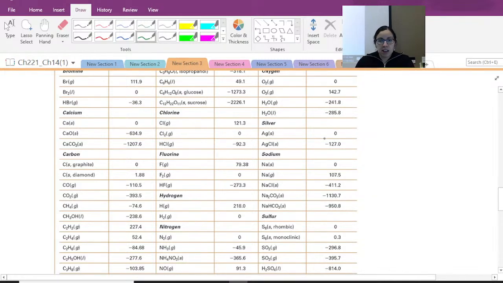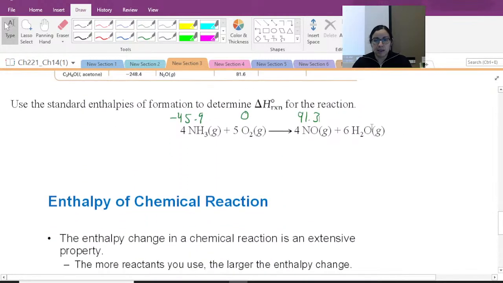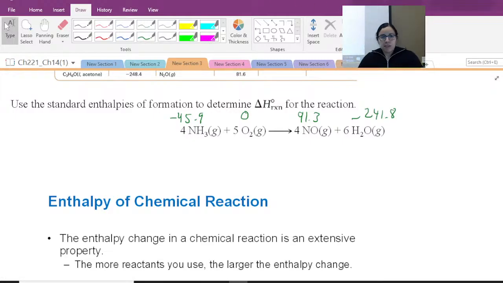And again, appreciate that the gas state is slightly more positive, since, right, energy had to go in to make it a gas versus our liquid state. So our gas is negative 241.8. All right. So given those numbers, see if you can figure out our delta H of our reaction.